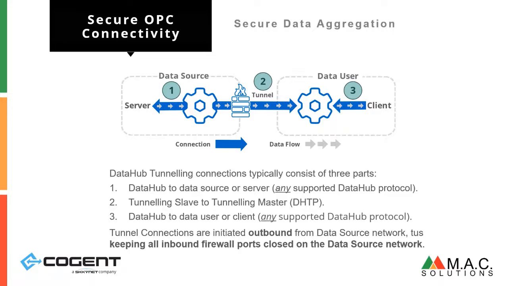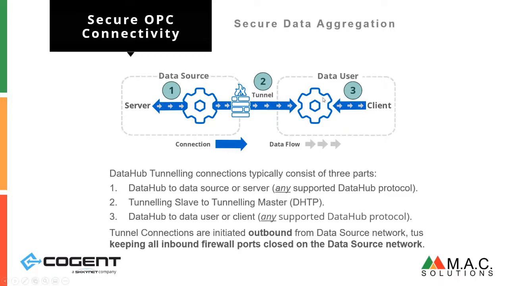Now that data user could be a DMZ, it could be a cloud provider. In either case, it's an outbound connection. So it's pushing data through, it's mirroring the data at the data user. The DataHub can also be configured bidirectionally. So in essence, I can actually mirror the data in both directions.